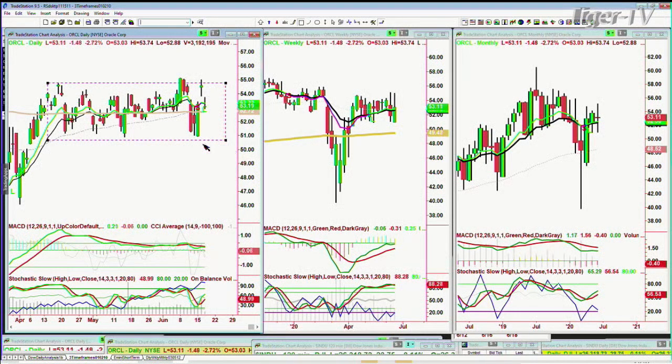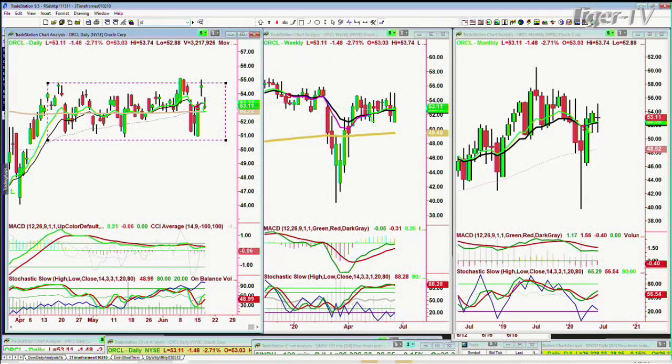If it closes under 50.50, I think it's going to continue having a consolidation phase with slightly lower highs and slightly lower lows. And that says maybe you want to take a little bit off. But at this point, look at it. At this point, it's good. You really need to see action on the upside and a breakout above this rectangle formation, and that says the 55.55 close is what you're looking at.